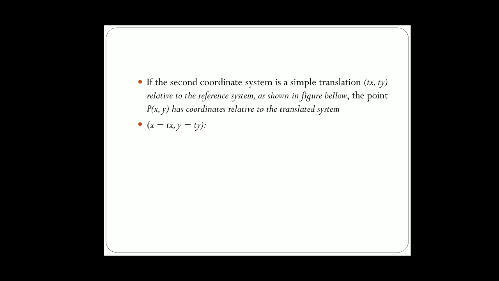How to change the axis? If the second coordinate system is a simple translation t of x comma t of y relative to the reference system, as shown in the figure below, the point P of x has coordinates relative to the translated system x minus t of x comma y minus t of y. So this is the translation, t of x comma t of y, parallel to the x and y axis.